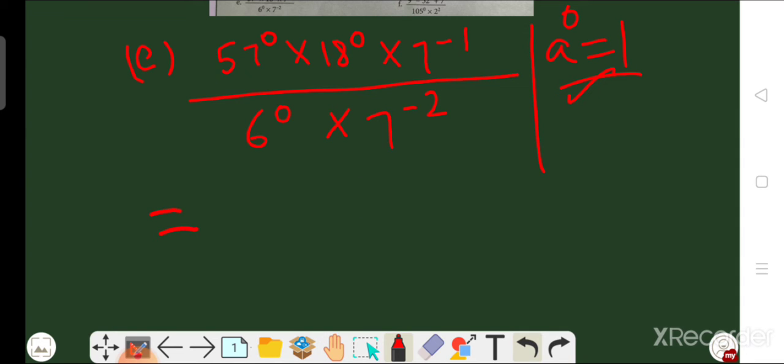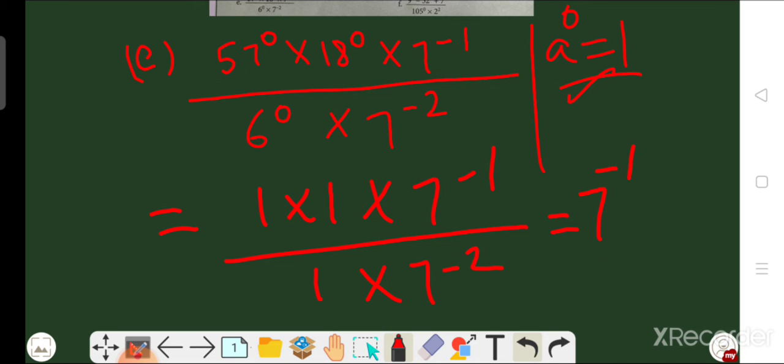this is equal to 1 multiplied by 1 multiplied by 7 raised to the power minus 1, divided by 1 multiplied by 7 raised to the power minus 2, or we can say this is equal to 7 raised to the power minus 1 divided by 7 raised to the power minus 2.